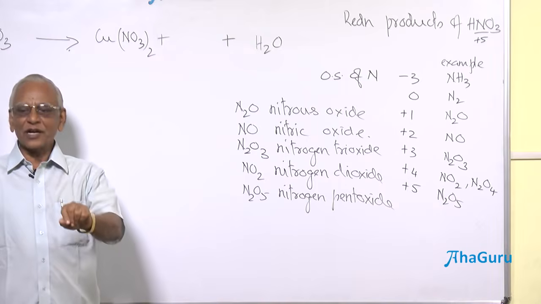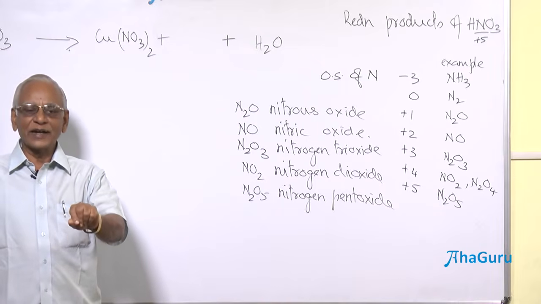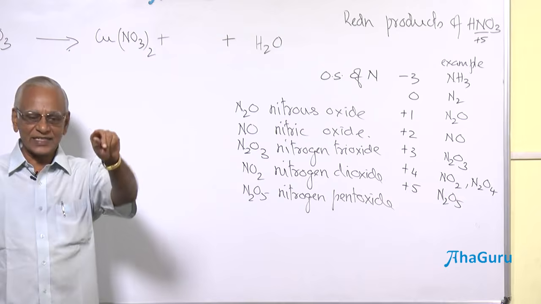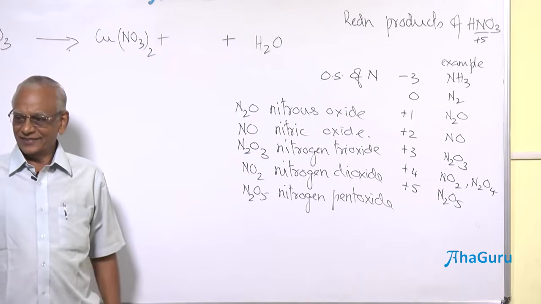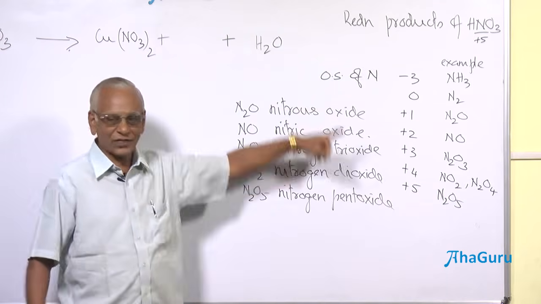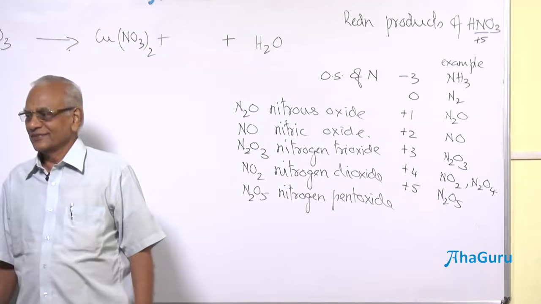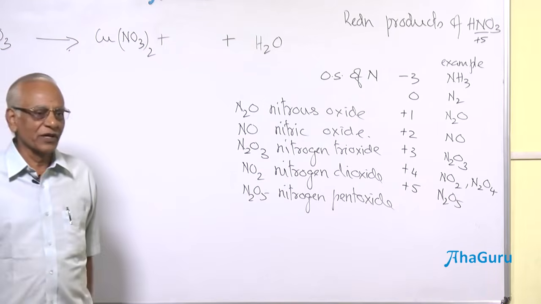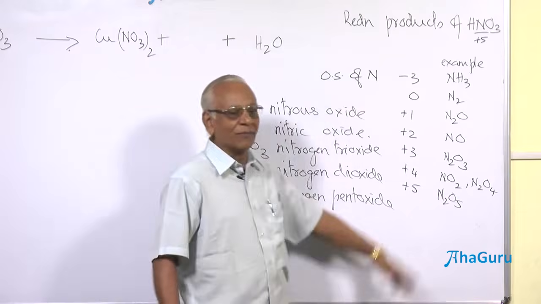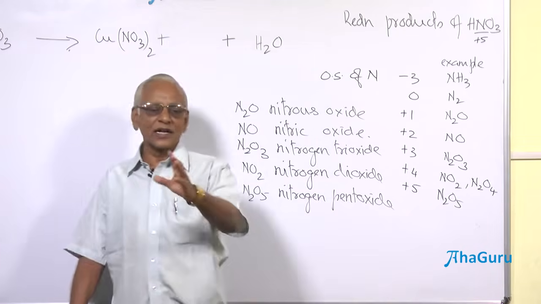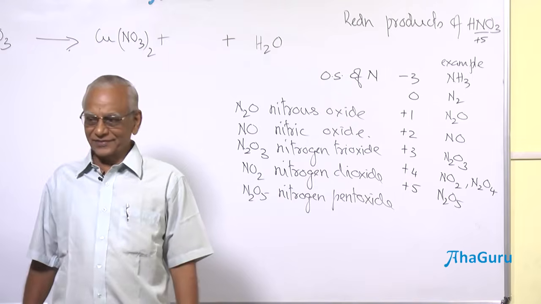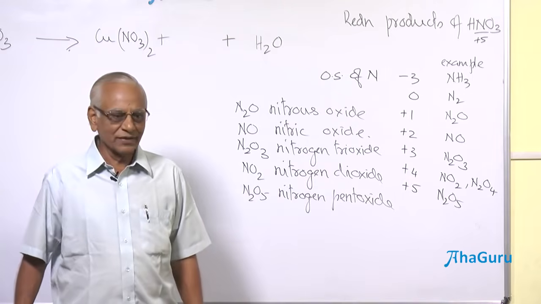What is the reduction product of nitric acid? Any compound of nitrogen whose oxidation state will be less than 5. That alone is called the reduction product of nitric acid. In other words, I can frame the question in a different format. Which of these 8 compounds is not the reduction product of nitric acid? Can anyone guess the answer?